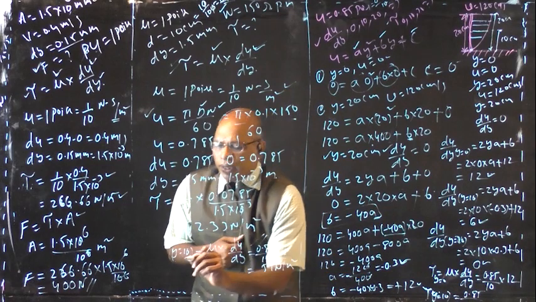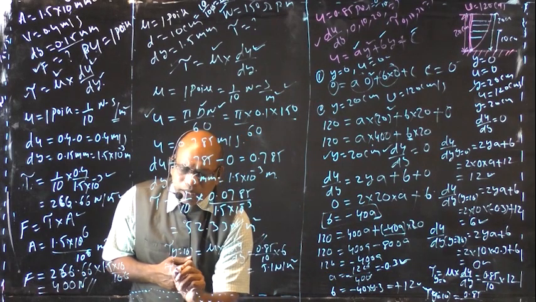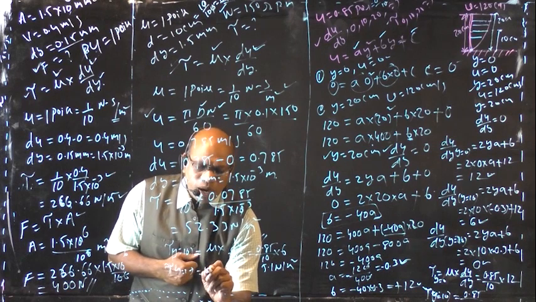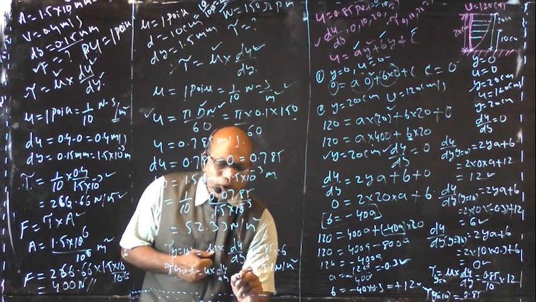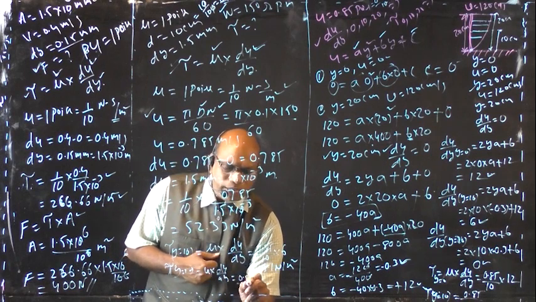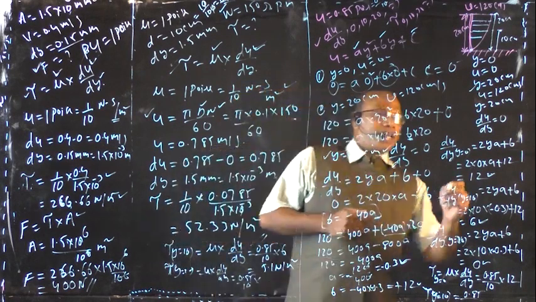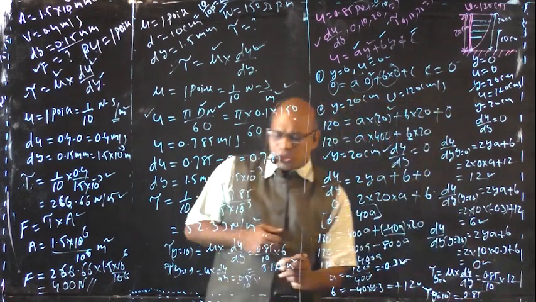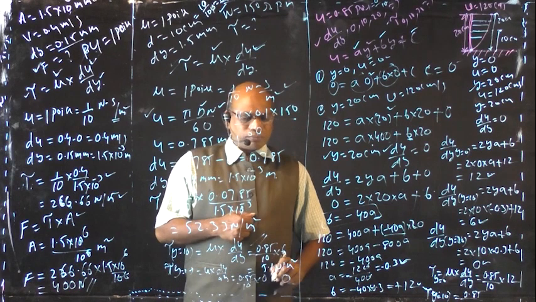And the last one, shear stress tau at y is equal to 20. Same formula, mu into du by dy, mu value 0.85 divided by 10 into du by dy at y is equal to 20. Du by dy at y is equal to 20 is 0, therefore this is equal to 0.